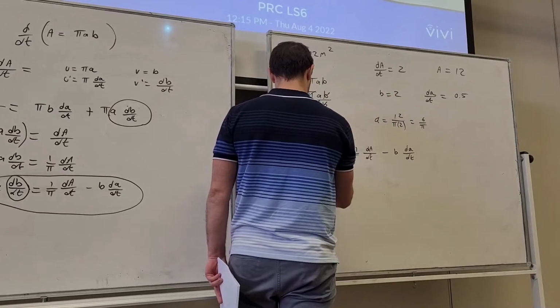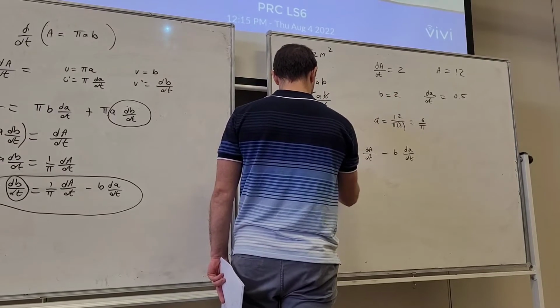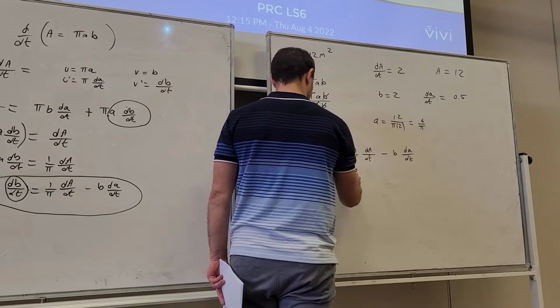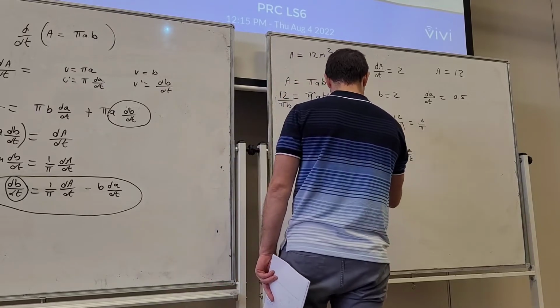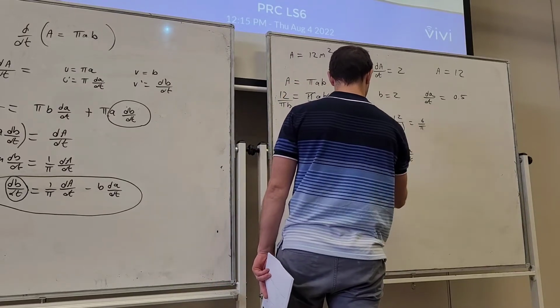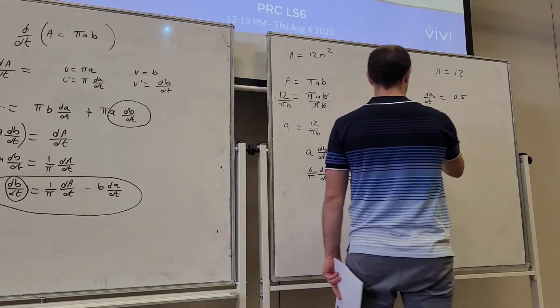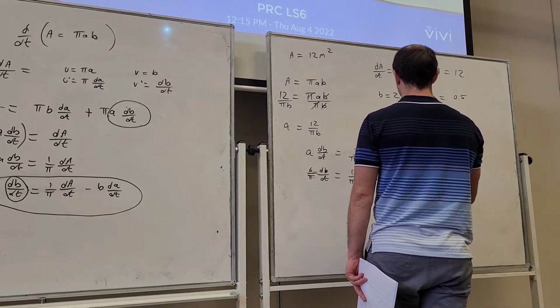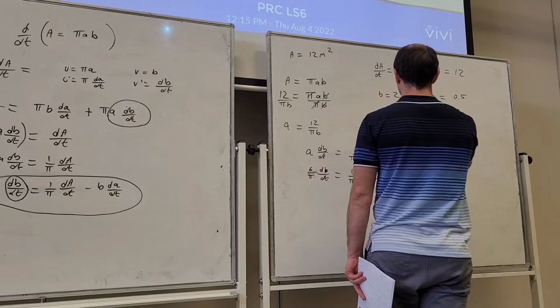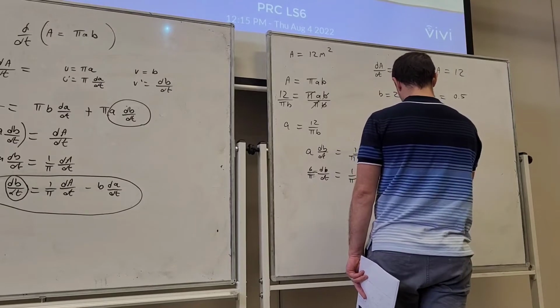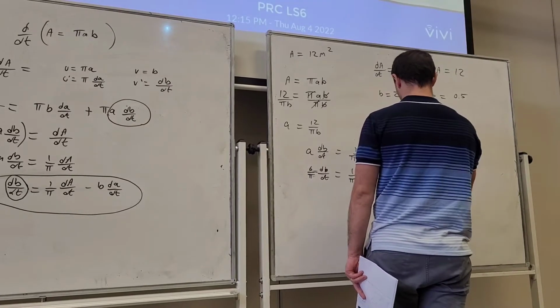A is 6 on pi. dB on dt, 1 on pi times dA on dt is 2, take away B is 2, and dA on dt is 0.5.